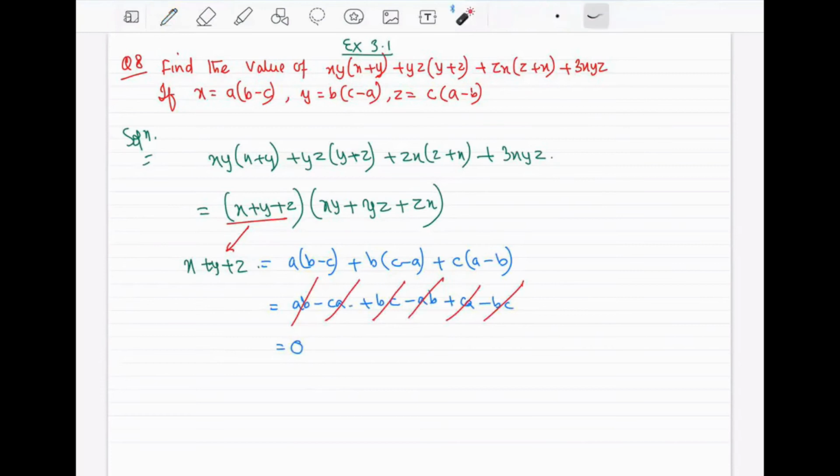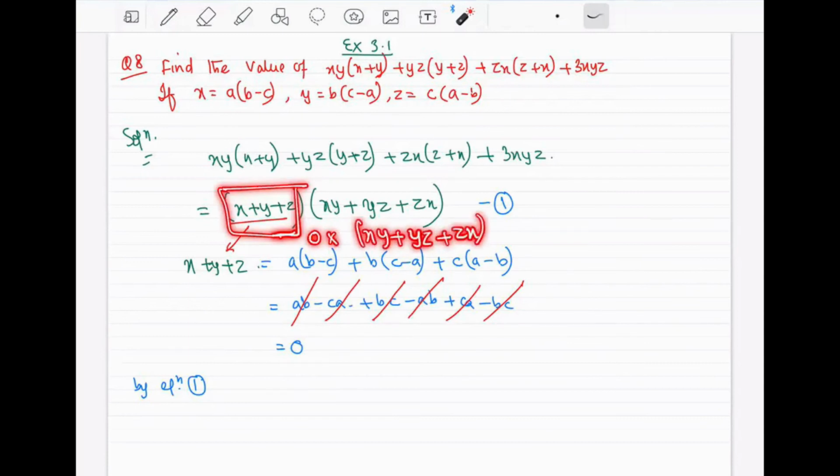So what to do? Let's put this as equation number 1. So by equation 1, look, instead of this X plus Y plus Z, what value do we obtain? We obtain 0. So if I replace this whole value with 0, 0 into XY plus YZ plus ZX. What's the final value? If you multiply anything with 0, we are supposed to obtain 0, right?